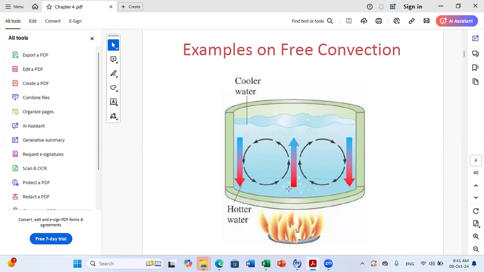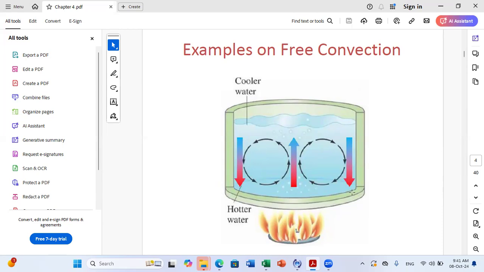So water at low level will have high temperature and relatively lower density. Because of this, small density particles will tend to move up, while colder water particles will tend to move down. And this will create circulation of water currents within your water, and this will help into heating your water.